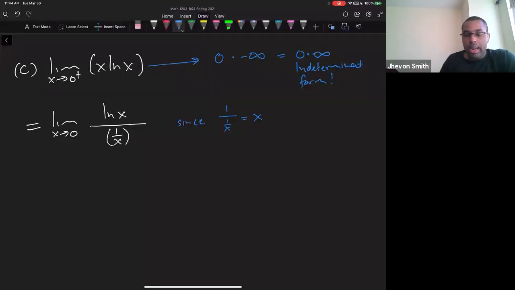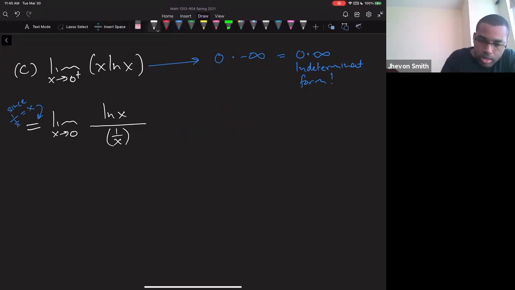But now notice that I have a division. So now, maybe I'll put that note here. Since 1 over x equals x, this equation follows.